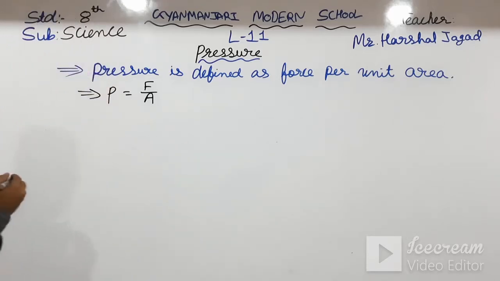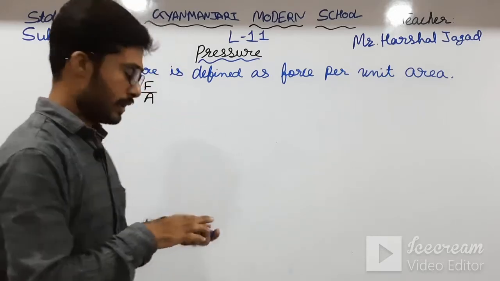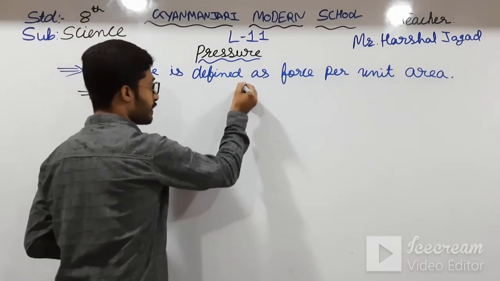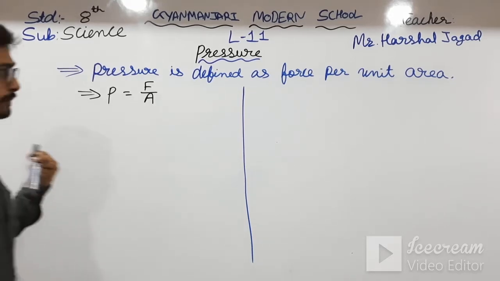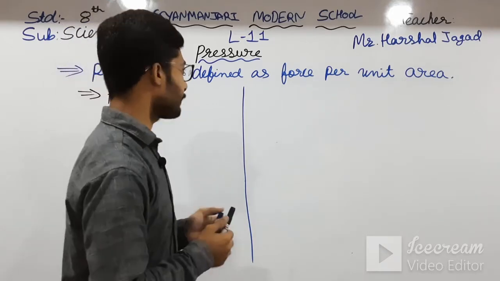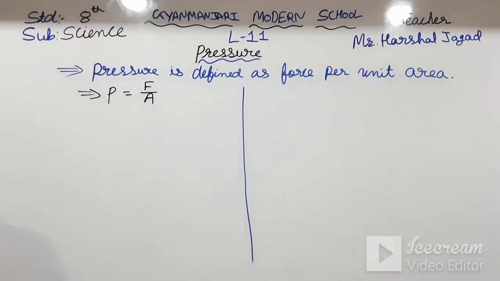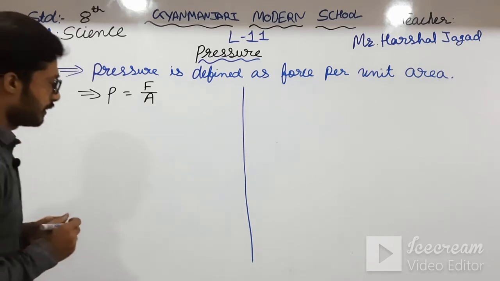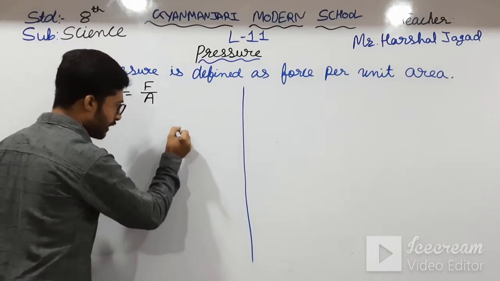Okay students, in the very first video of this chapter we have seen two cases. Let me tell you those two cases. The first case was a drawing in page number 132, figure 11.1, in which there was a one leg.